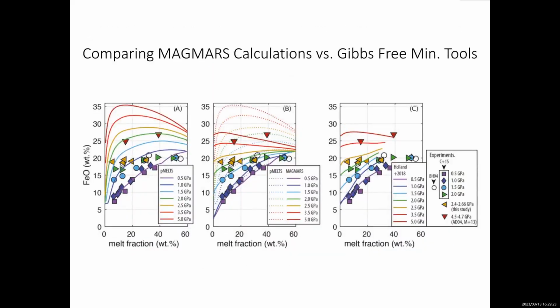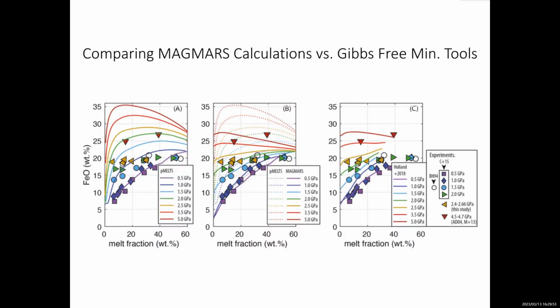Similarly, they're comparing with other modeling software, such as PMELTS, which they criticize by saying PMELTS is more suitable for lower FeO content samples such as the Earth, and for Mars it's probably going off. As you can see, the experimental results compared with PMELTS, using those dashed curves, don't really follow very well.